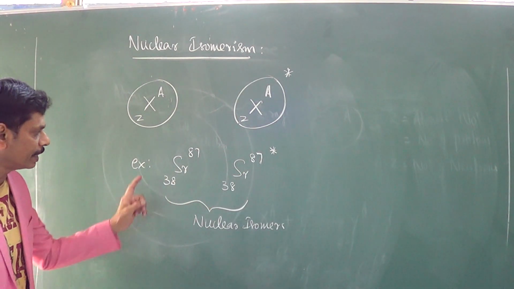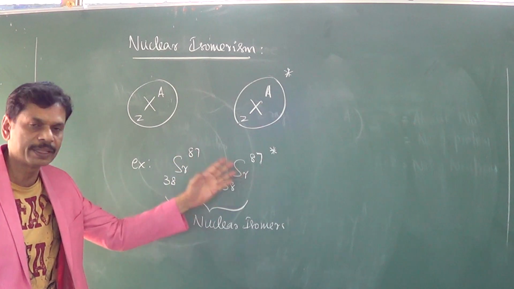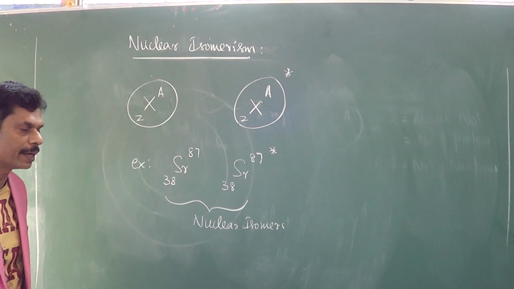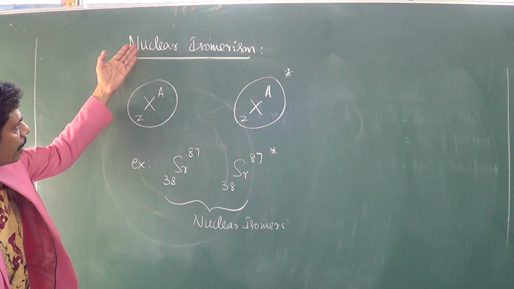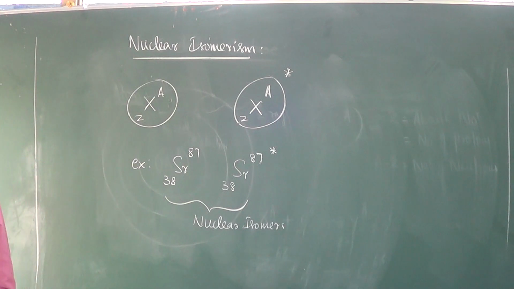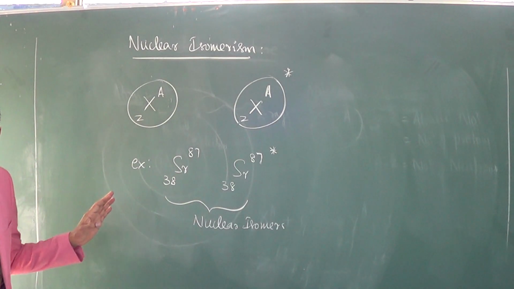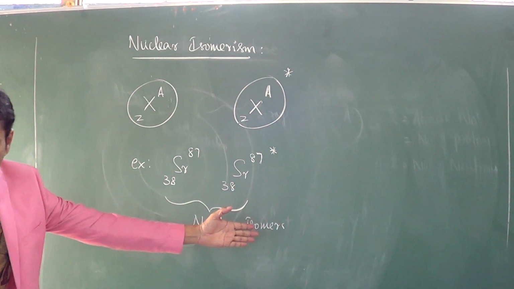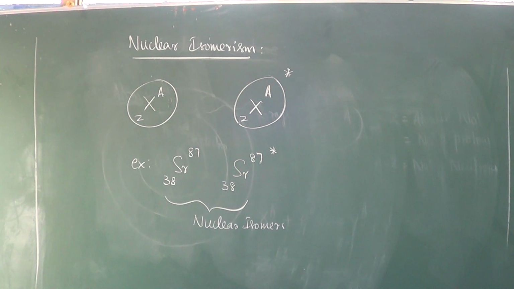That is called nuclear isomers, and the phenomenon of showing this idea is called nuclear isomerism. So what is nuclear isomerism? The existence of nuclear isomers is called nuclear isomerism.